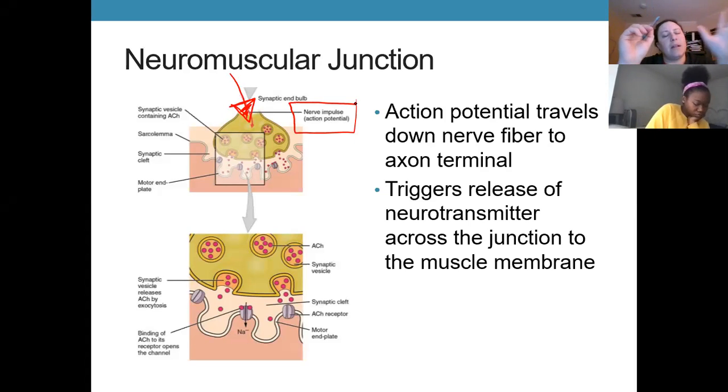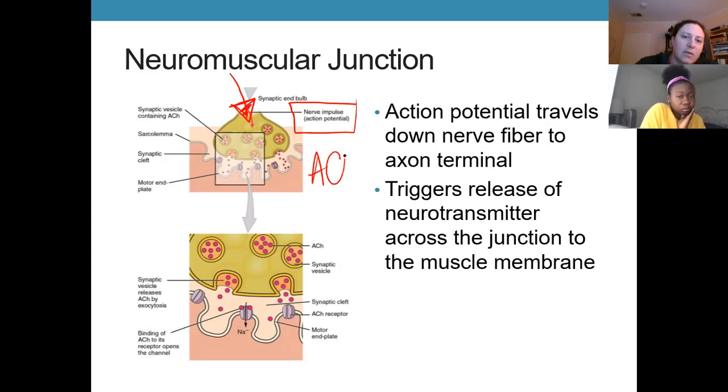But the electrical activity triggers the release of neurotransmitter, which we know is acetylcholine. And the neurotransmitter crosses the little gap between the neuron and the muscle membrane, and it binds to receptors that cause sodium to go into the cell.